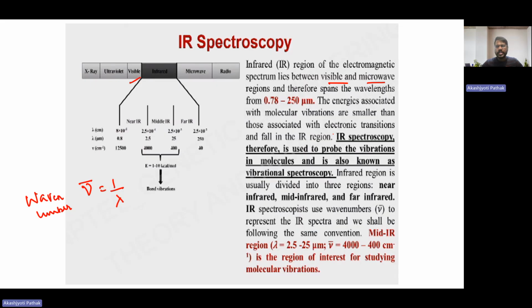Now, the infrared region is divided into three regions: near infrared, mid infrared, and far infrared. Spectroscopists use wave numbers to represent the IR spectra, and this is the convention which is followed.